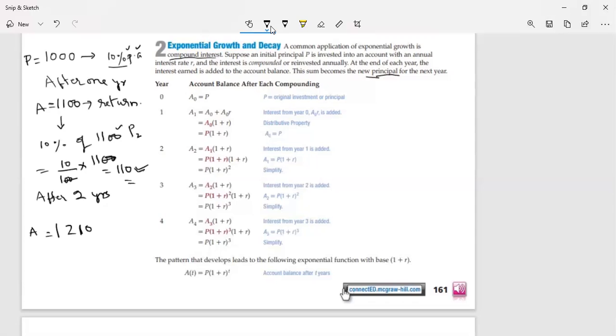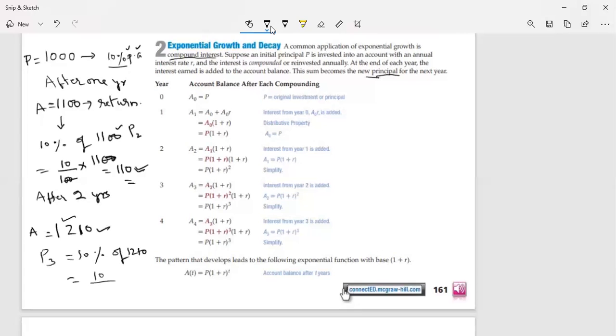So like this it is going on. If we want to find out for the third year, this will become the new principal, P3, and then you will find 10% of 1,210, that will be added in the previous year's amount.